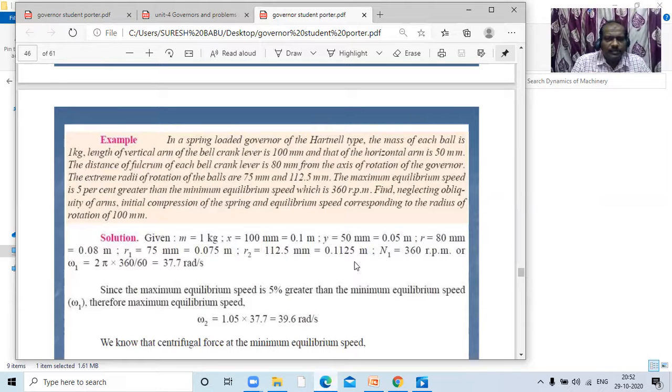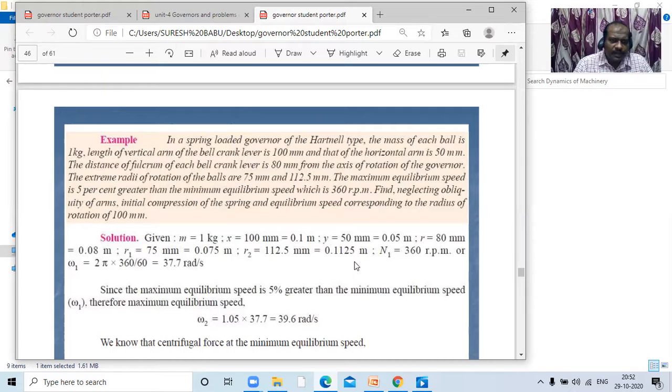In the previous class, we discussed the Porter governor and 2 problems. We will go for another type. So I will read out the problem. In a spring-loaded governor of a Hartnell type, the mass of each ball is 1 kg. The length of the vertical arm of the bell crank lever is 100 mm and that of the horizontal arm is 50 mm. The distance of the fulcrum of each bell crank lever is 80 mm from the axis of rotation of the governor.